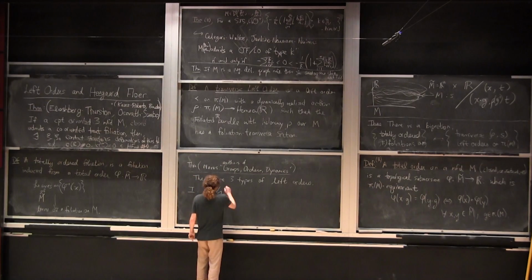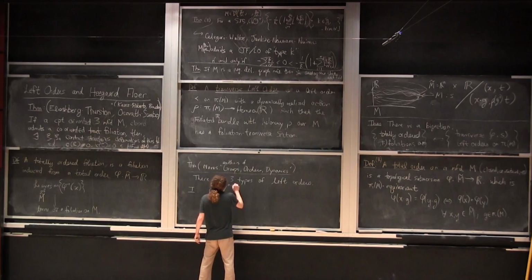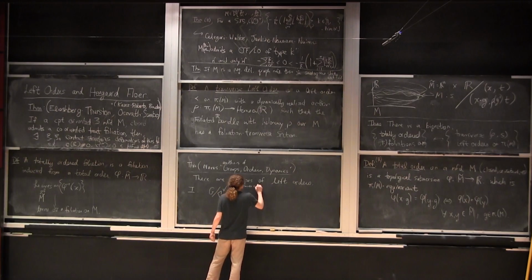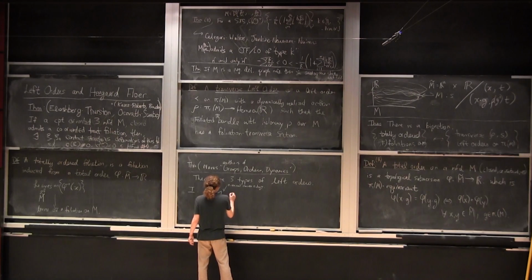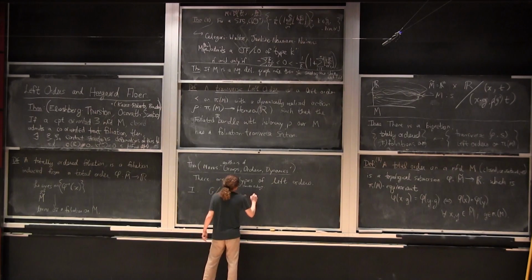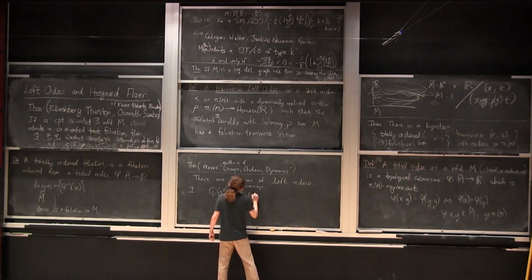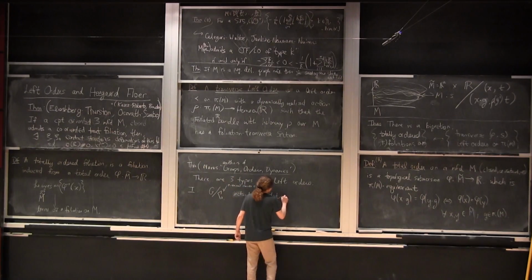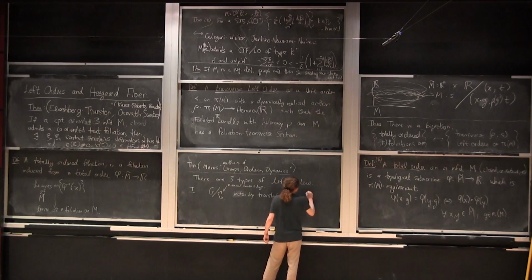So if this is a maximal convex subgroup, then this has, let's say this X translations on R.